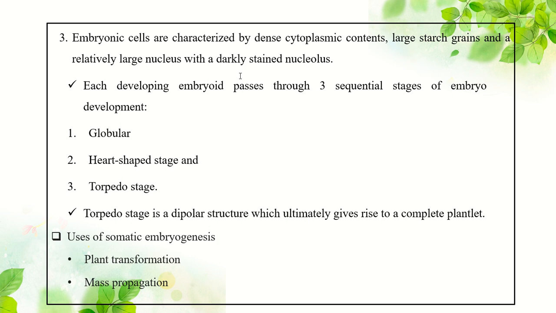As I said previously, we are dealing with embryogenesis but without callus formation. Plant transformation techniques can be applied with somatic embryogenesis. Another is mass propagation. If you have only leaf tissue and want to create a large number of the same population, the same clones, from smaller tissue, you can develop it with somatic embryogenesis.